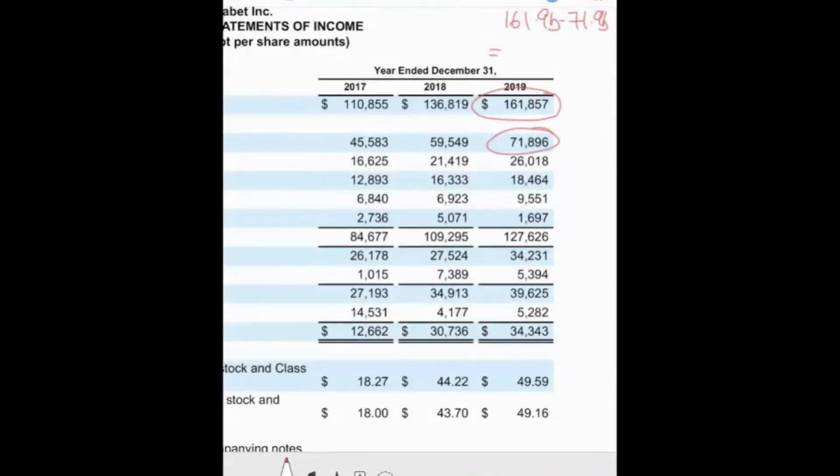Type it in the chat box and let me know the answer. Thank you, Wilfred. The answer is actually 90 billion. That is the gross profit for Google.